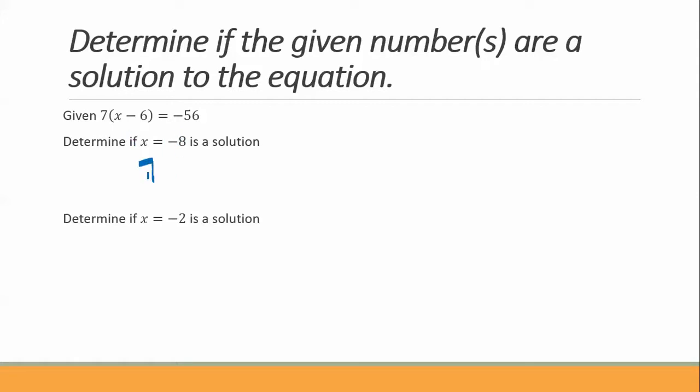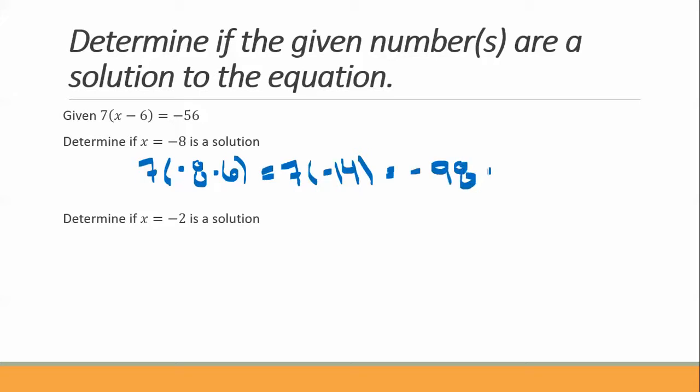So we're going to have 7 times (negative 8 minus 6), and we don't know yet if that's equal to negative 56, so let's go from here. 7 times negative 14, because we can do order of operations, negative 8 minus 6 is negative 14. 7 times negative 14 is negative 98. This does not equal negative 56, so x equals negative 8 is not a solution.